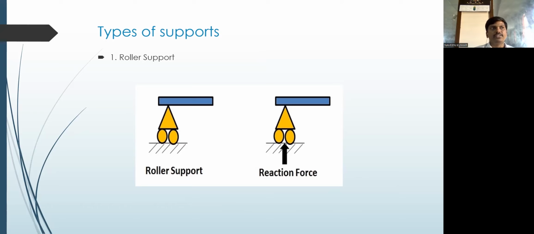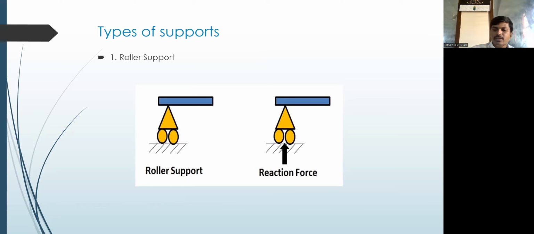That means this support does not resist the horizontal force as well as the moment. So only one vertical force is resisted. For example, the self-weight of a structure is an example for the roller support. So here the number of reactions is 1, that is vertical.